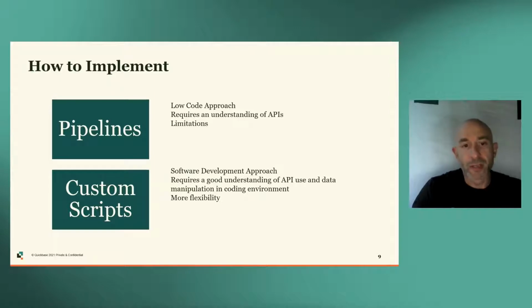Another avenue to deal with this would be to do custom scripts. And this is really your software development approach. This is going to require a good understanding of the APIs, and you have to understand how to do data manipulation in whatever coding environment you work with, Node or .NET or Python. And really, the benefit though is you're going to get a lot more flexibility of what you can build when you do custom coding.